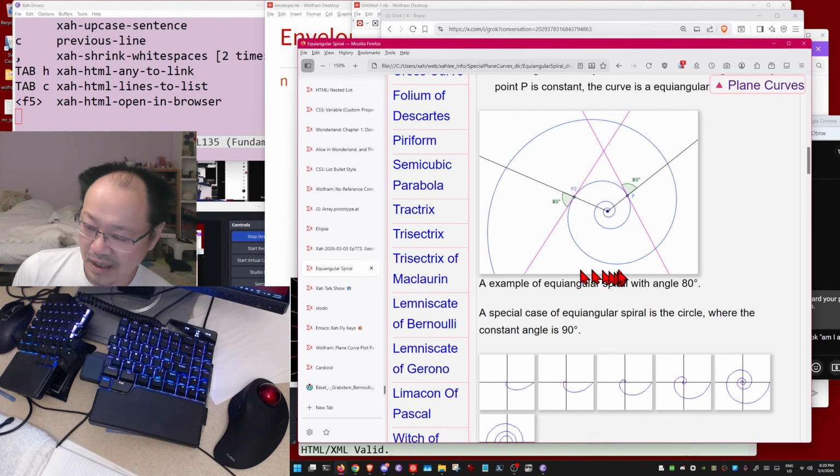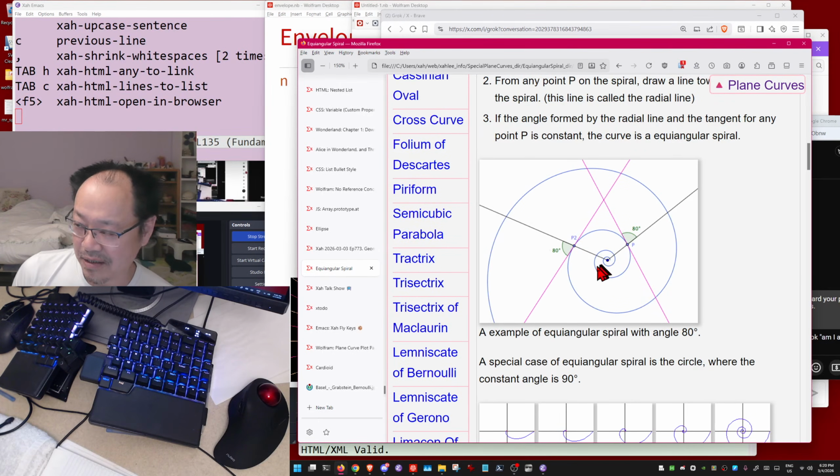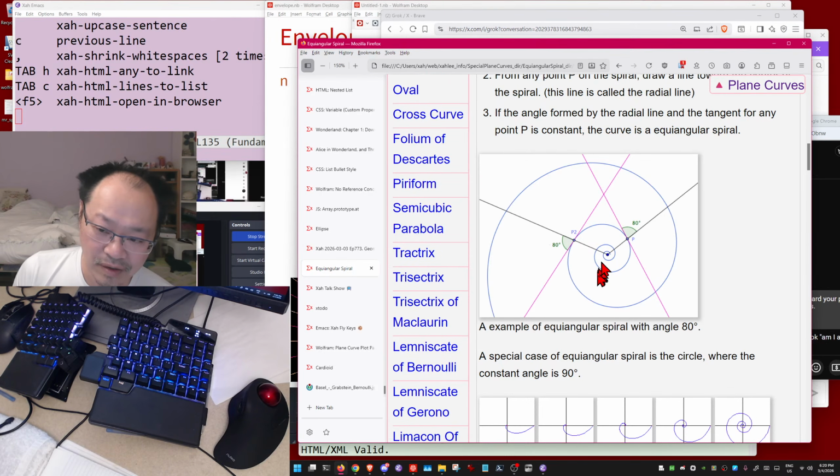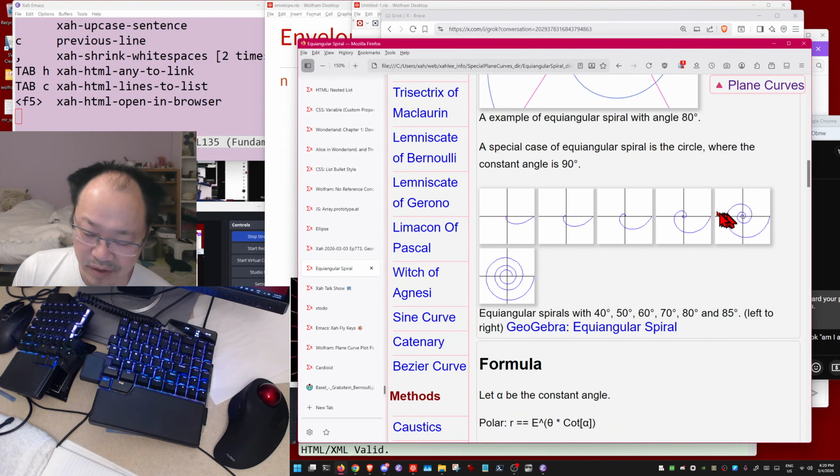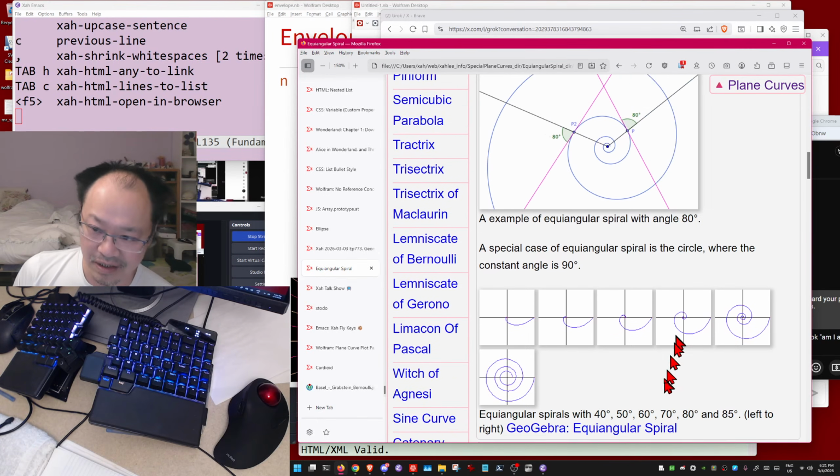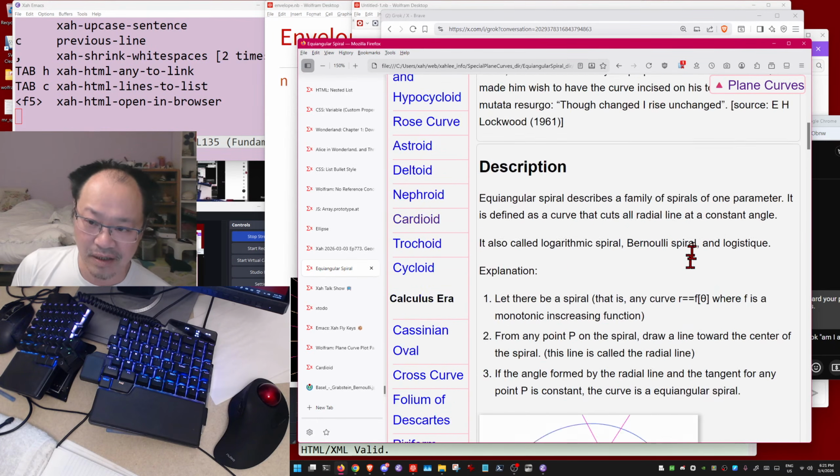Any line passing the center intersects the curve at the same angle. This spiral is actually a family of spirals, not a single specific one. There's a bunch of them defined by the angle. Given an angle less than 90 degrees, you get one equal angular spiral.